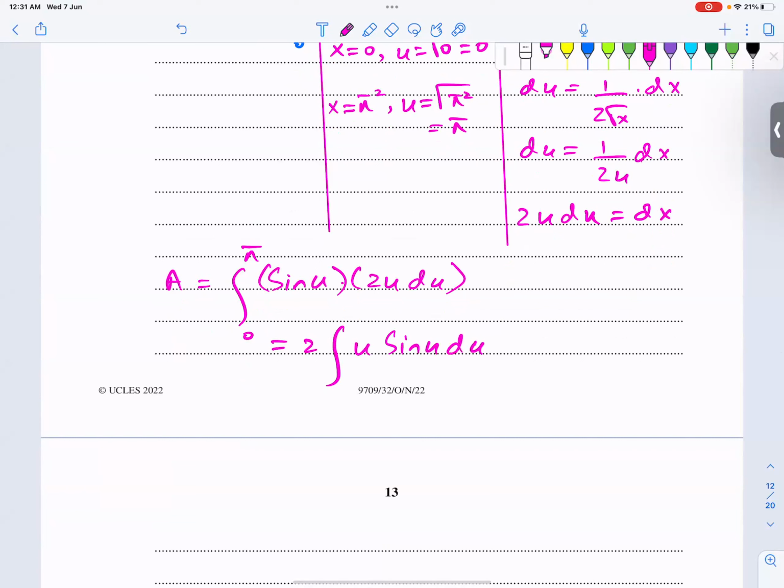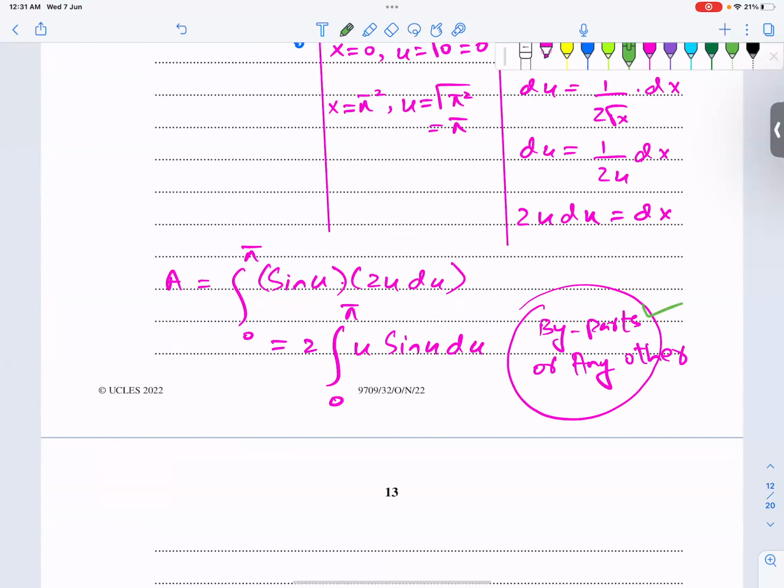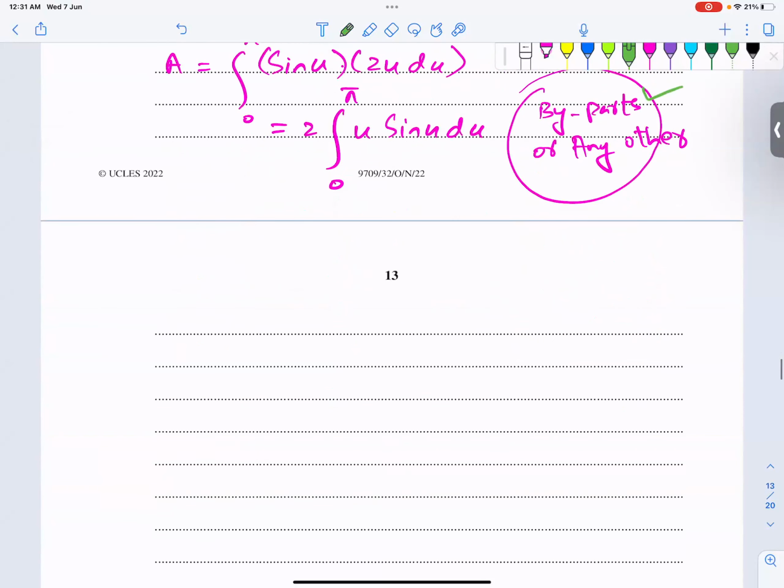Okay. So if you see, you will solve this integral using which of the following techniques? By parts or any other method? Tell me. So preferably by parts will work here. So now integrate it using by parts integration.